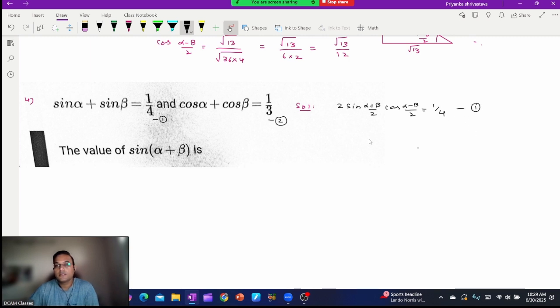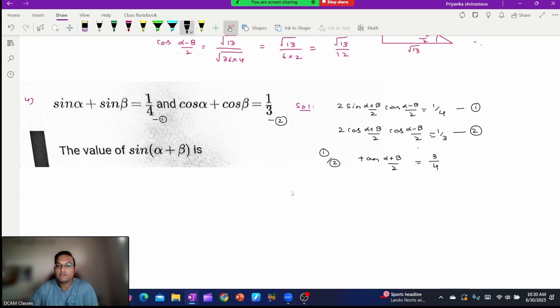This will be your 1. And 2 cos (alpha plus beta)/2 cos (alpha minus beta)/2 is equal to 1 by 3. This is your second equation. So divide 1 by 2. It will be tan of (alpha plus beta)/2 is equal to 3 by 4, you will get.